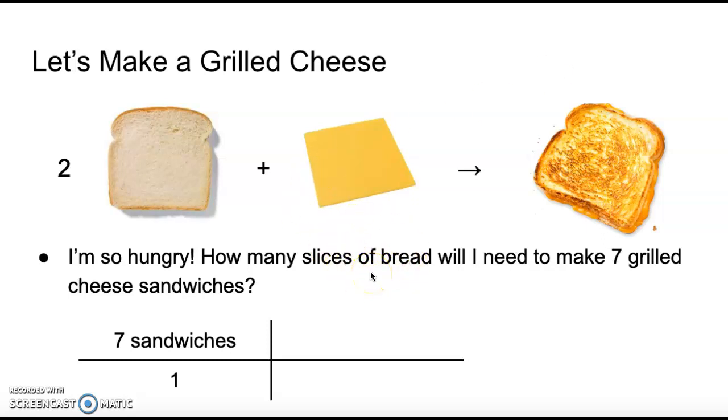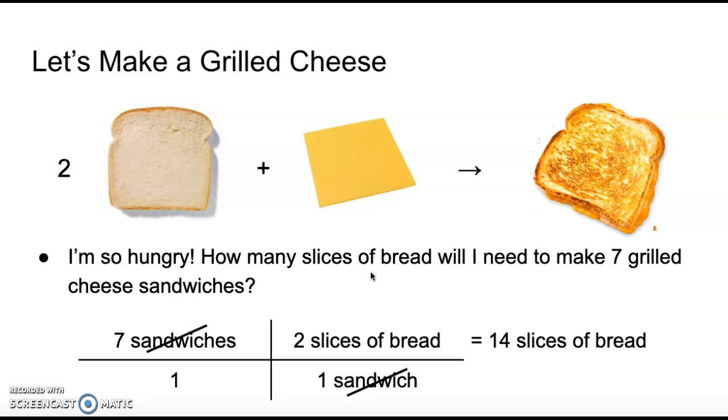We know that for every 1 sandwich, we're going to need 2 slices of bread. I put sandwich on the bottom so that I can cancel out my units of sandwiches, leaving me with units of slices of bread. Now remember that you want to multiply across the top and divide by the bottom. So here we would get that we need 14 slices of bread to make 7 grilled cheese sandwiches.